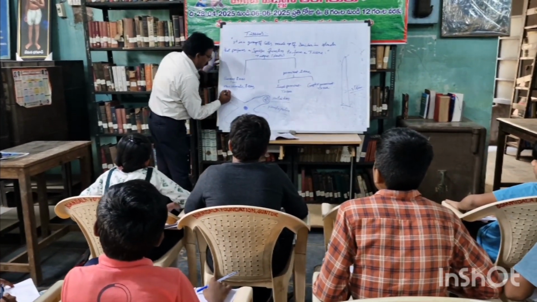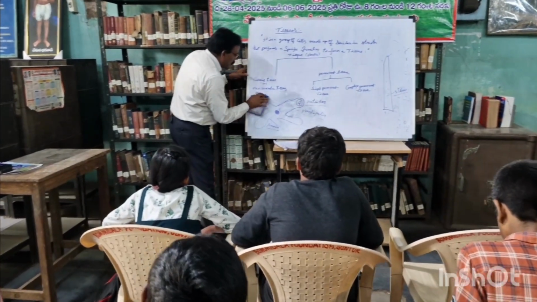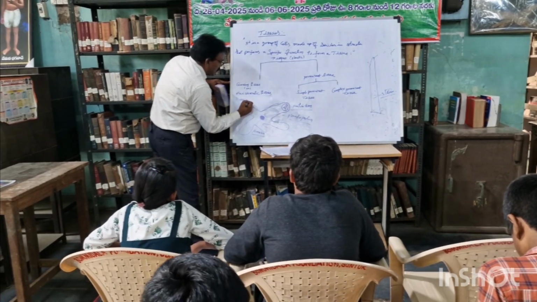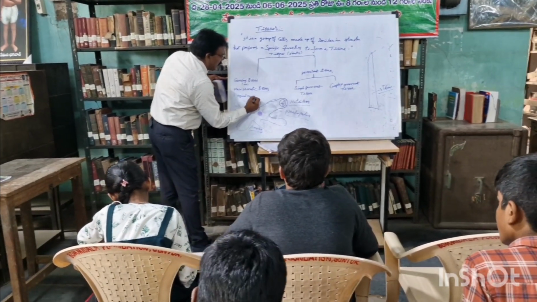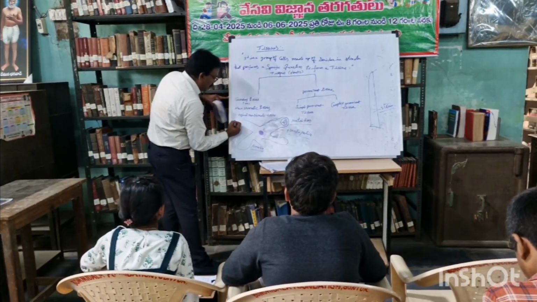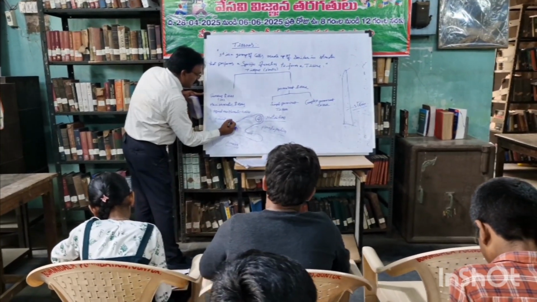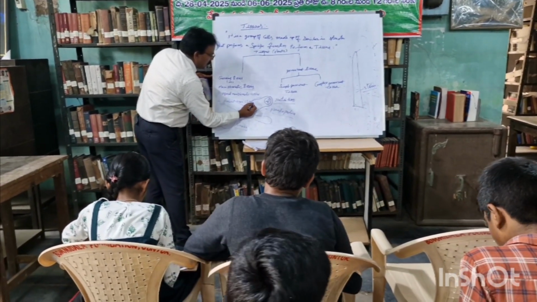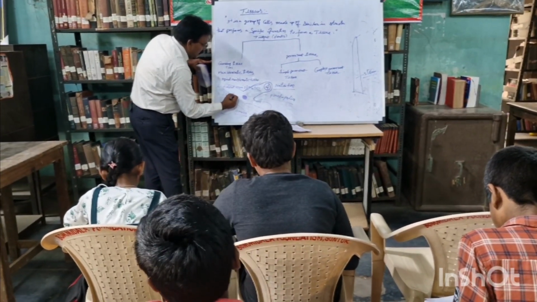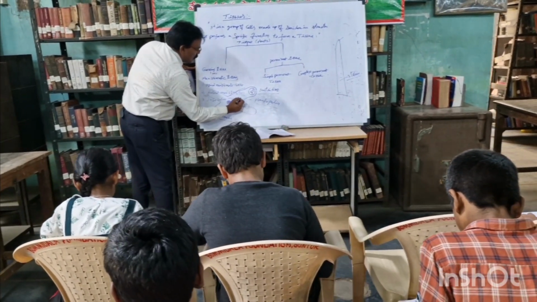So, these meristematic tissues are: number one, apical meristematic tissue. Number two, lateral meristematic tissue. Number three, intercalary meristematic tissue.